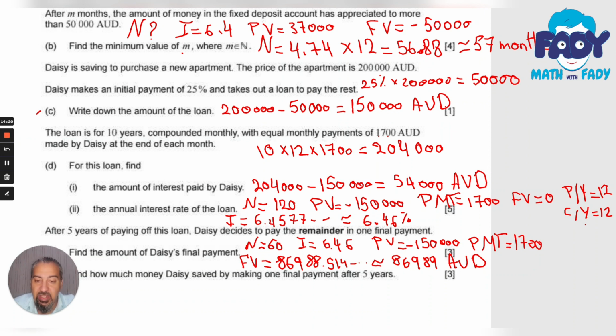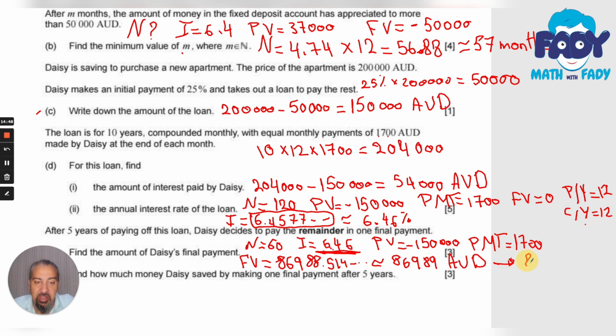And instead of using this interest rate 6.46 as we did here, you can use the full value of the interest rate that you received in the calculator, and you will keep it as it is, this full value. You will receive another answer.